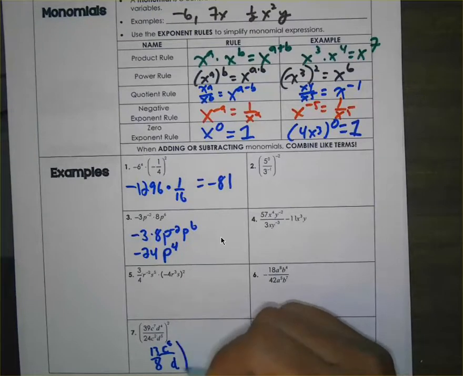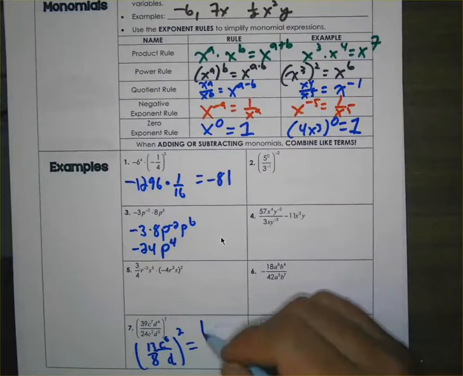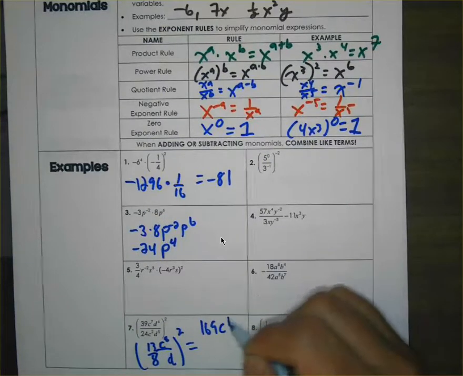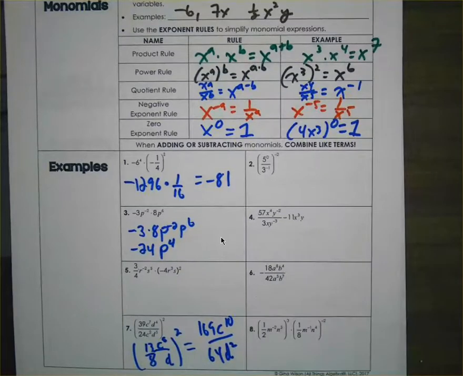Then I square everything and get 169 c to the 10th over 64 d squared. So I did 3 of them. There are 5 more that you can do on your own, and I can give you the answers another time. Let's move on to the next thing.